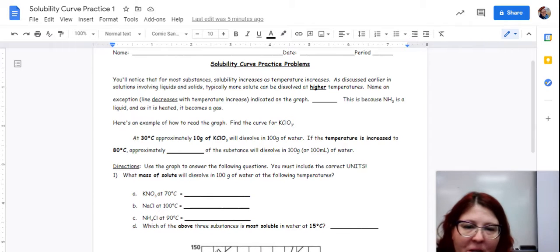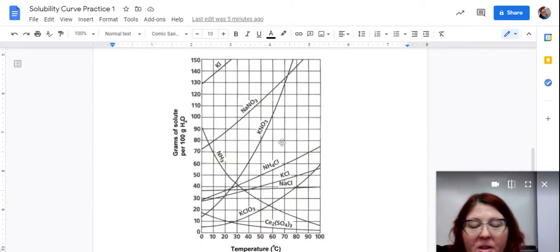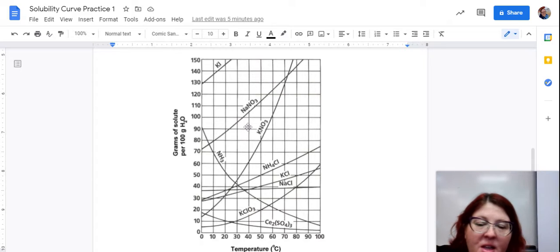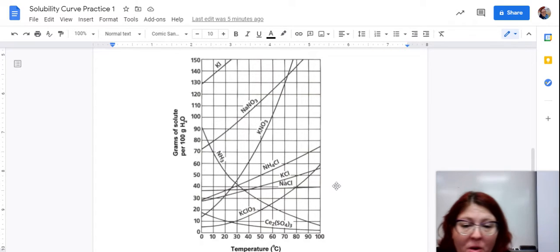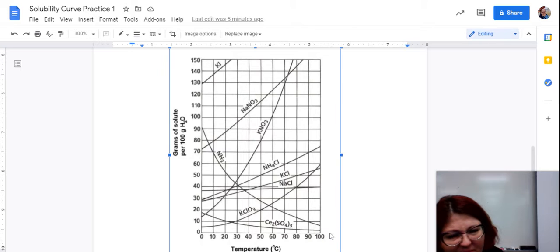There is an exception indicated on the graph, and it's down here. You'll see all these lines pointing up tell you each one of these things can get more stuff dissolved in the water the hotter it is. But this thing right here, NH3, goes down. I think actually there's another one that goes down too. It's because they're gases.